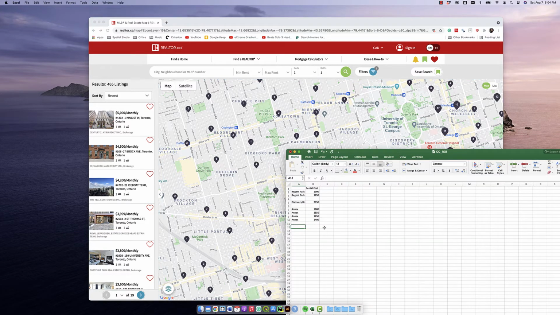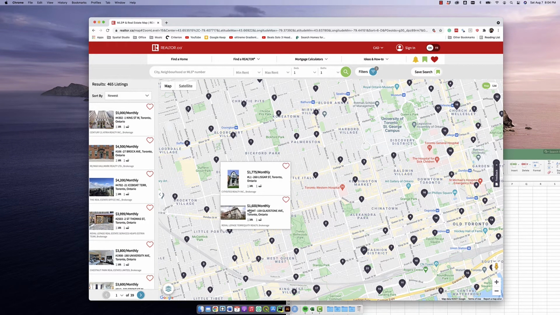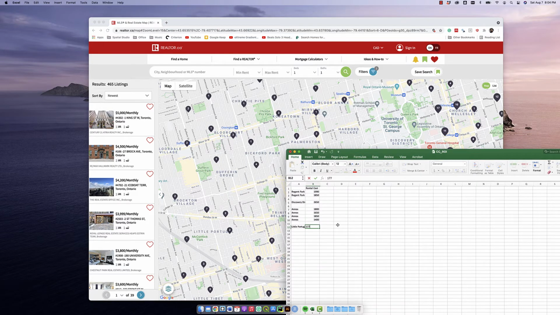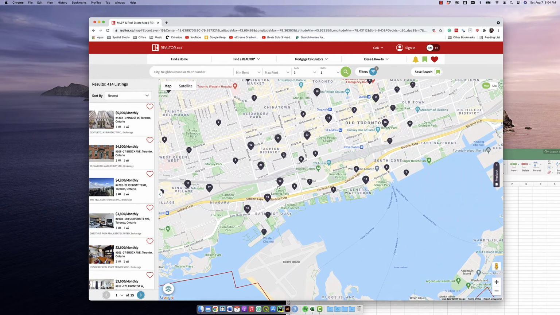So Little Portugal got 775 and 1,600. I'll call this Little Portugal 2, 1,600, right? And let's get one in right here, Queen's Quay.